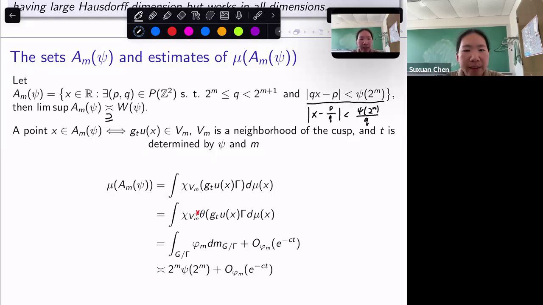If x is in A_m(psi), then g_t u_x Gamma should be inside V_m. Here, V_m is a neighborhood of the cusp in the homogeneous space SL_2(R) mod SL_2(Z), and this value t is determined by the function psi and m. So maybe we can draw a picture to show this.